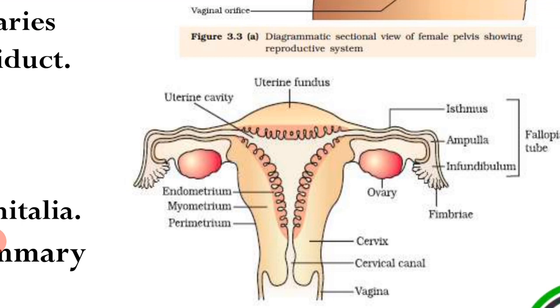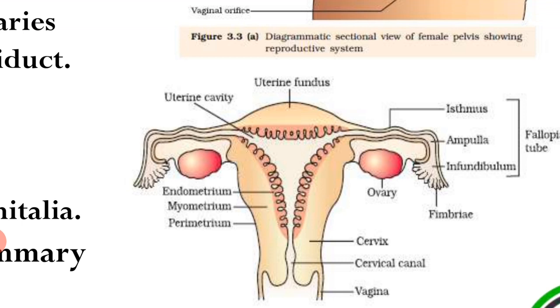Then the infundibulum leads to a wider part of the oviduct, and that is called the ampulla. If you go further, the last part of the fallopian tube, which has a narrow lumen, is called the isthmus, and this isthmus joins the uterus.